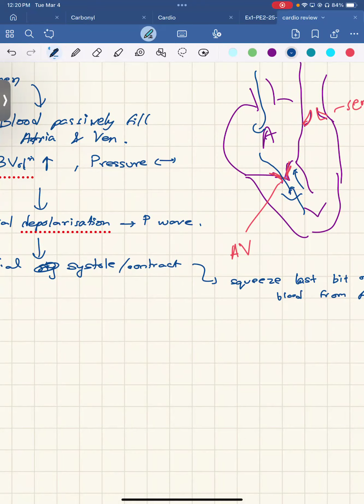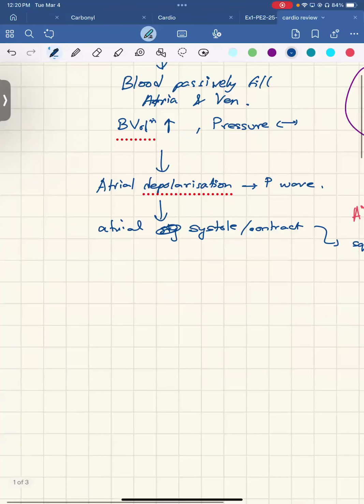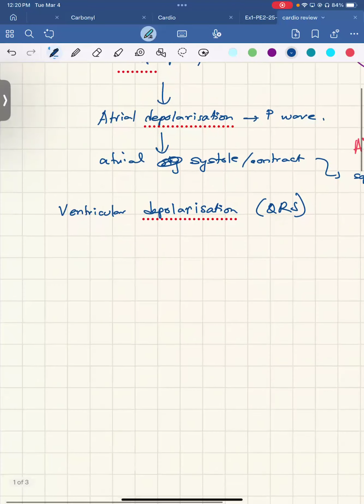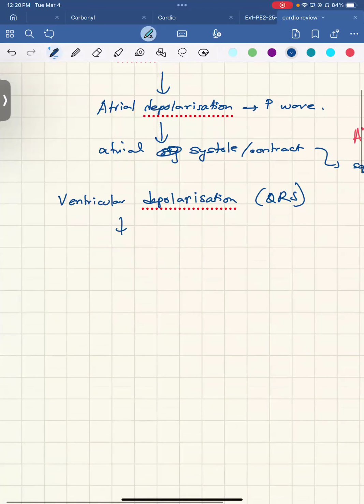What makes it start squeezing? Ventricular depolarization, which is the QRS wave.